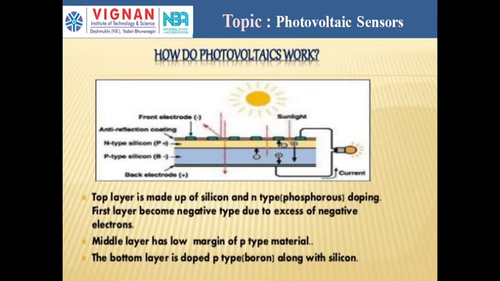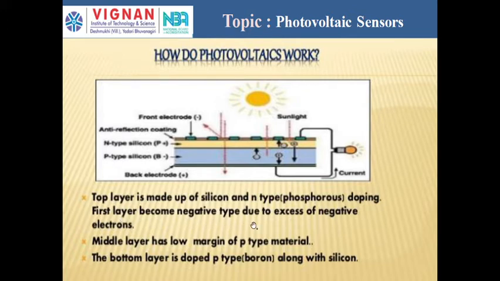So how does a photovoltaic cell work? It is made of three layers. The top layer is made of silicon with n-type phosphorus doping, and this first layer becomes negative due to an excess of negative electrons.